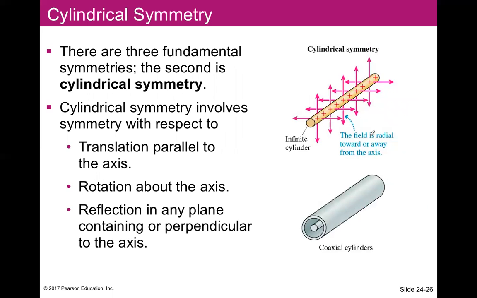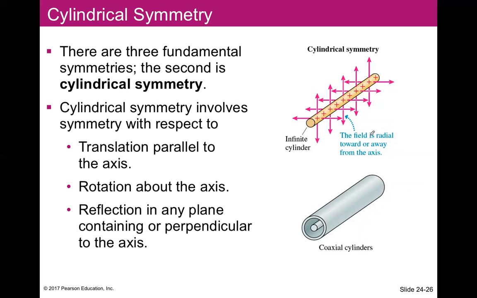The second symmetry is cylindrical symmetry. Cylindrical symmetry involves symmetry with respect to translation parallel to the axis, rotation about the axis, and reflection in any plane perpendicular to the axis.